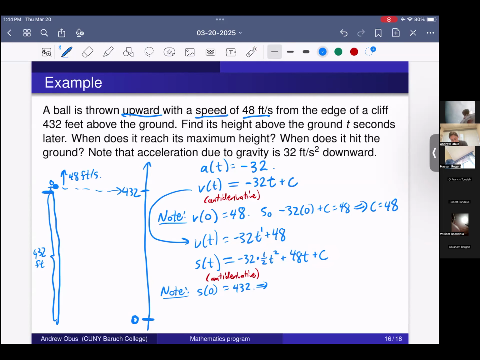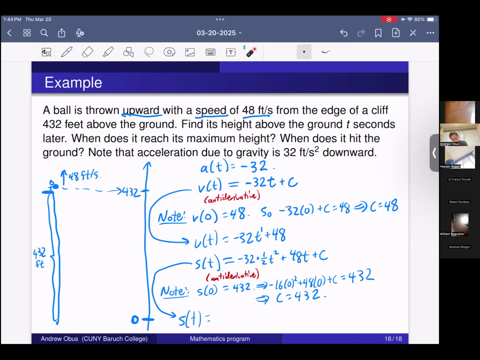So negative 32 times a half, that's negative 16, times 0 squared, plus 48 times 0 plus c equals 432, which means that c is equal to 432. So your final answer for S of t is minus 16t squared plus 48t plus 432.